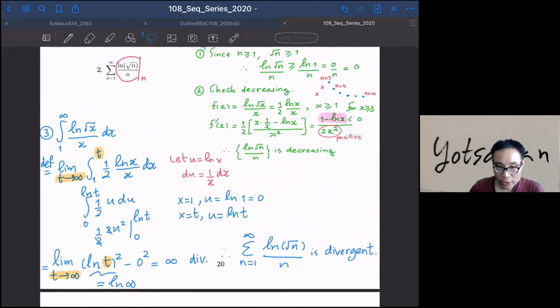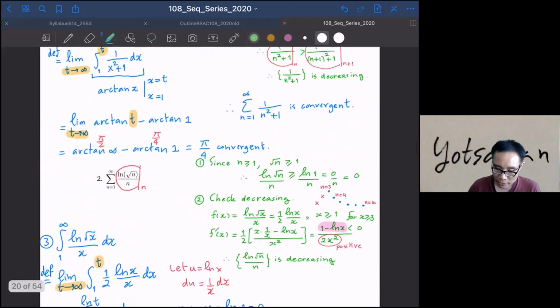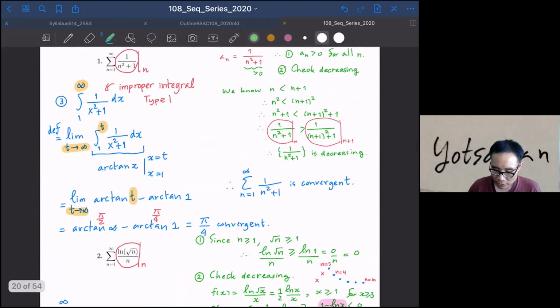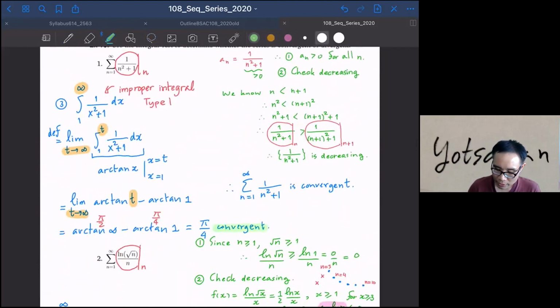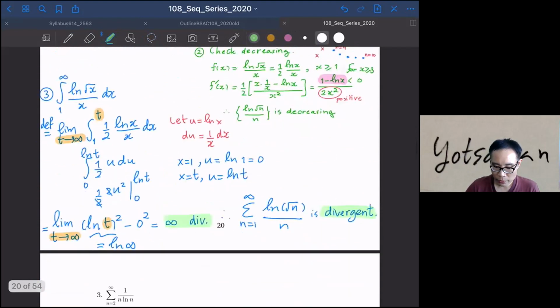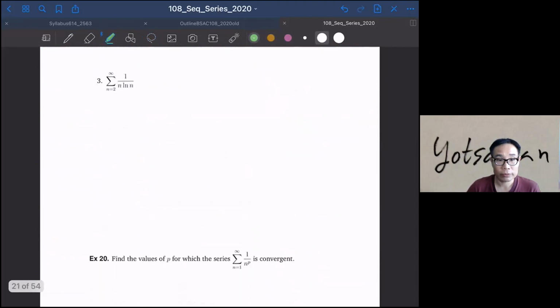So this is how we do this example. You see that it always consists of 3 steps, and the conclusion here is that you have divergence. So you have this integral diverging, so it turns out the series also diverges. If the integral turns out to be convergent, the series is convergent. That will be the thing that you have.